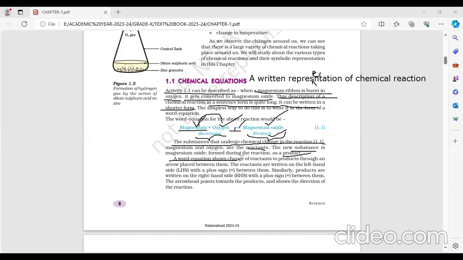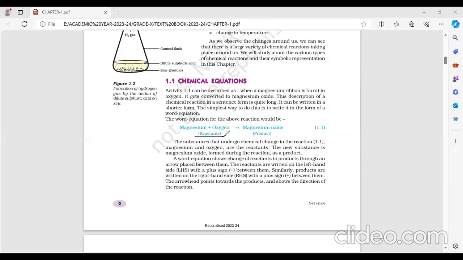So a word equation changes reactants to product through an arrow placed between them. What does he mean to say? He means that in between reactants and product there is an arrow. The head points towards the product and the tail towards the reactants. Now if you observe, here we are using two reactants, so I used a plus symbol on the left side.